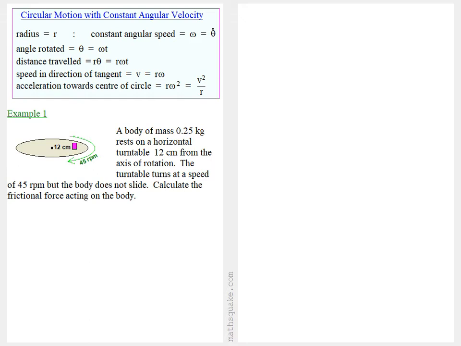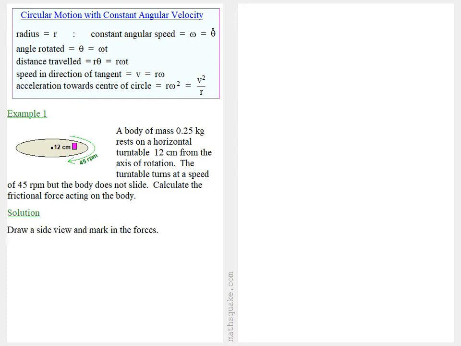Let's look at an example. Example 1. We're told a body of mass 0.25 kilograms rests on a horizontal turntable 12 centimetres from the axis of rotation. The turntable turns at a speed of 45 revolutions per minute, but the body does not slide. Calculate the frictional force acting on the body.